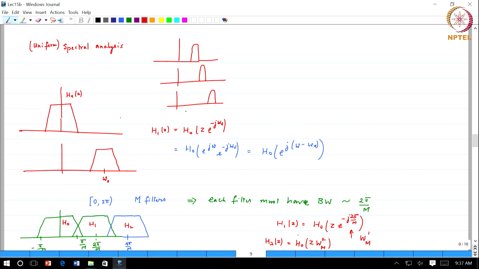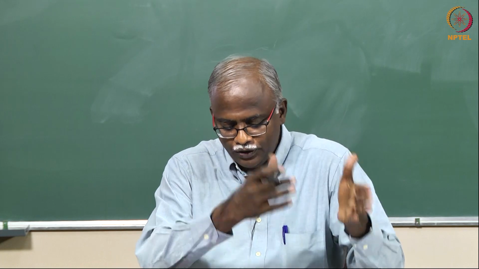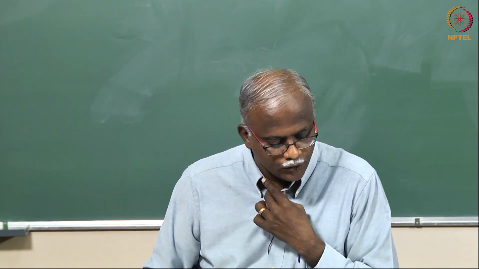Whole spectrum 0 to 2 pi divided into M equal portions, and you define filters that will cover each of those portions.